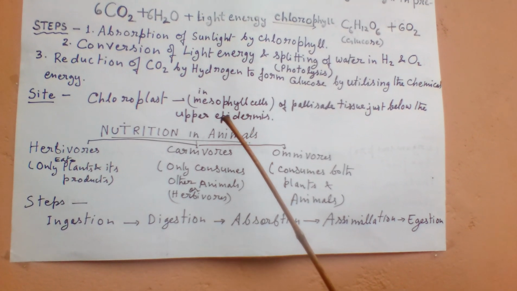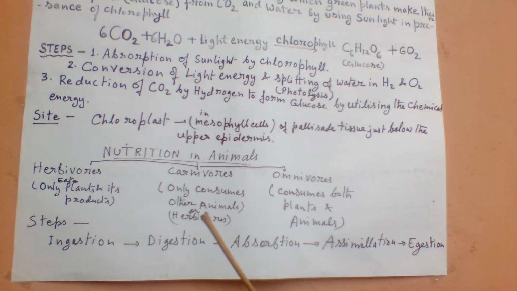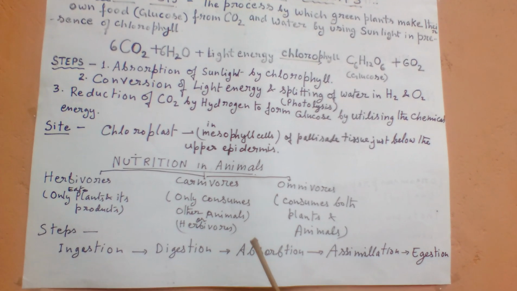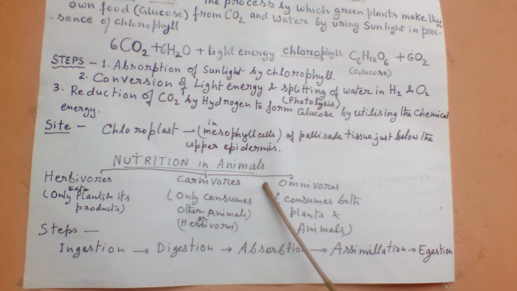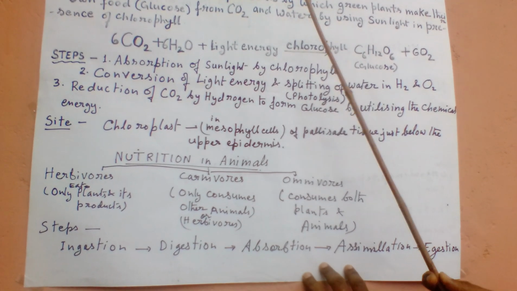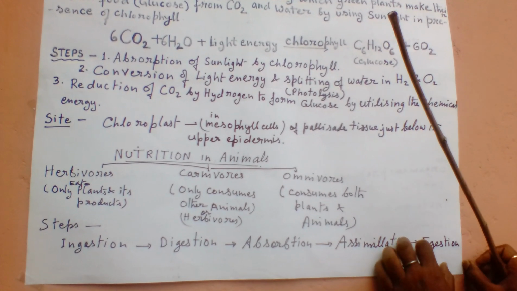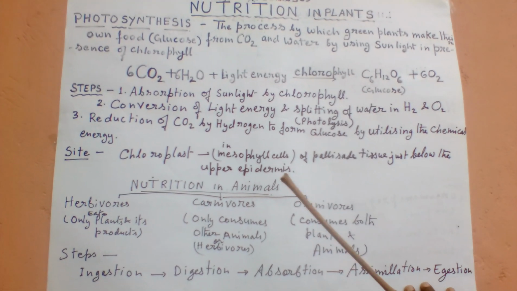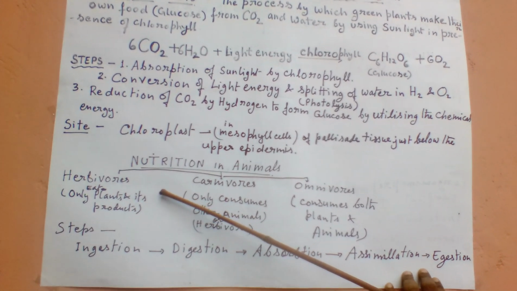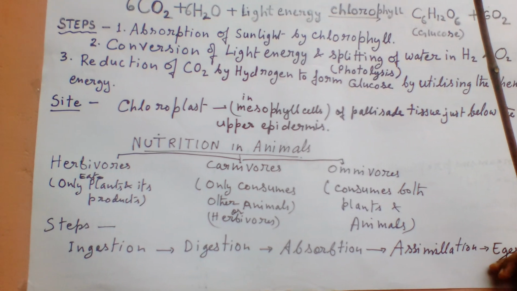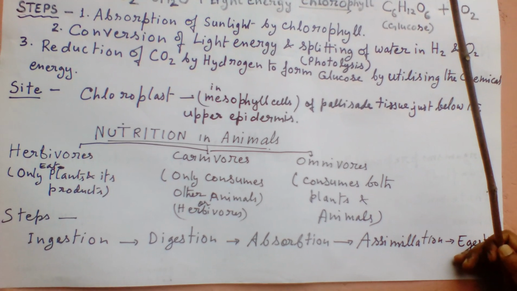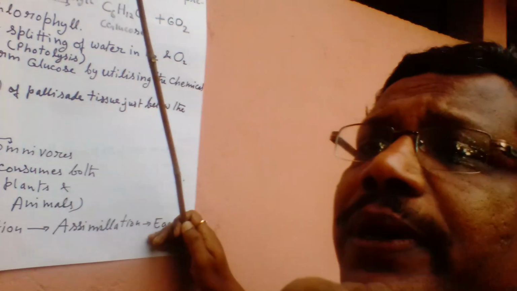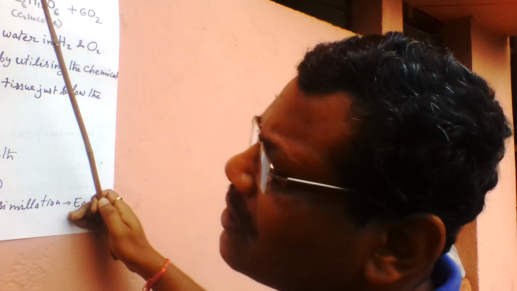Now let us move to another section of nutrition, that is nutrition in animals. Nutrition in animals is not like in plants, but it is in a different way. It depends on the food habits, and as you know, animals are fully dependent on autotrophs, plants and other products.